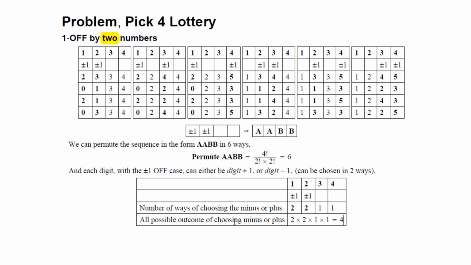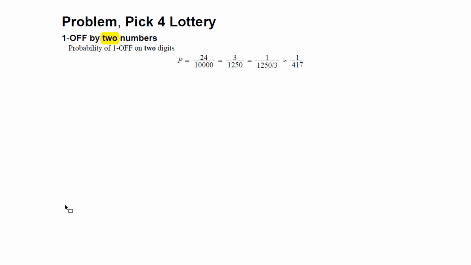We have 6 tables. So again, we use the multiplication principle for the case of ordered sequences, and we multiply 6 times 4, we get 24 tickets in this case. So now the probability, we divide 24 by 10,000, and we get 1 out of 417.